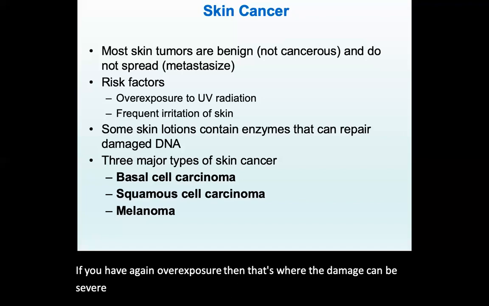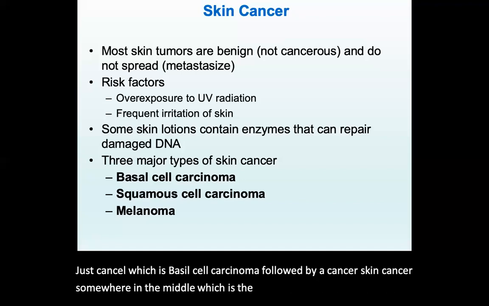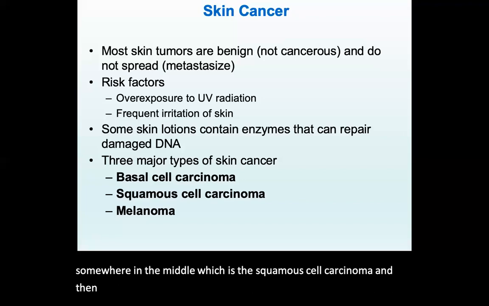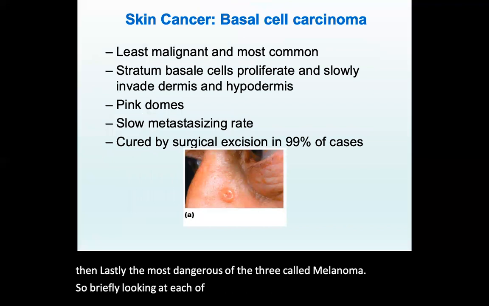Now, going back to the three types of cancer. We have the least dangerous cancer, which is basal cell carcinoma, followed by a skin cancer somewhere in the middle, which is squamous cell carcinoma. And then lastly, the most dangerous of the three, called melanoma. So briefly looking at each of these, basal cell carcinoma is the least dangerous.